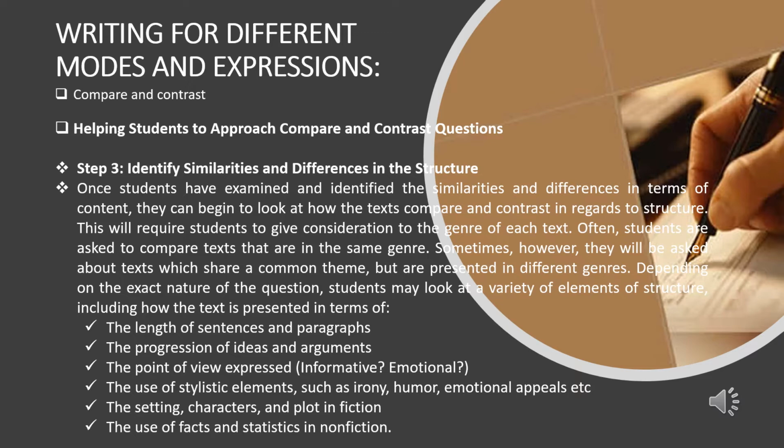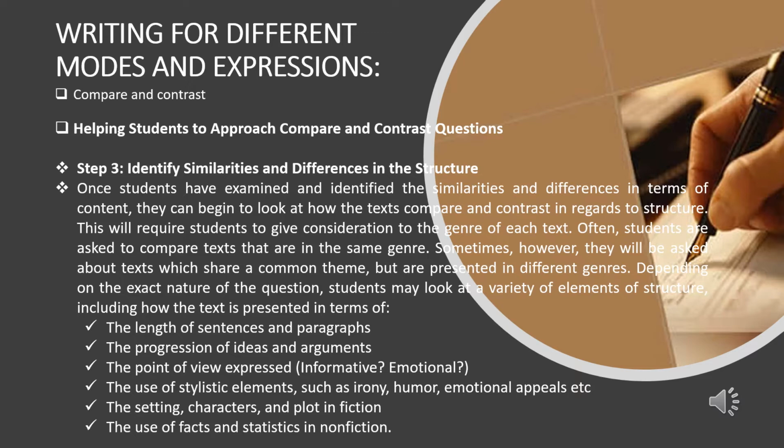This will require students to give consideration to the genre of each text. Often, students are asked to compare texts that are in the same genre. Sometimes, however, they will be asked about texts which share a common theme, but are presented in different genres.